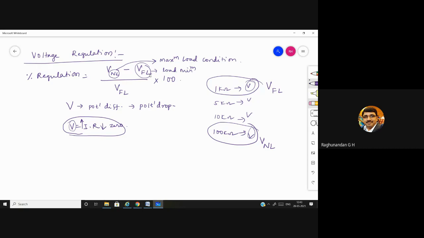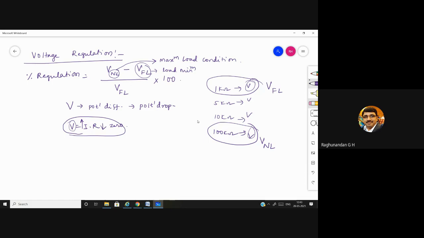Actually, irrespective of the load, the output should be constant. But if it is having some fluctuation based upon resistance, it is just like I'll put one mobile, it will be giving some voltage. I'll put one more mobile, it will be giving some voltage. It should not be like that. Irrespective of whatever company mobile you put, the adapter has to give the same voltage.